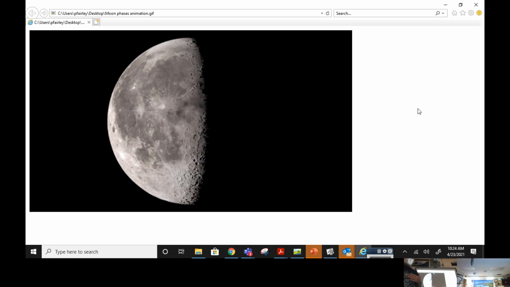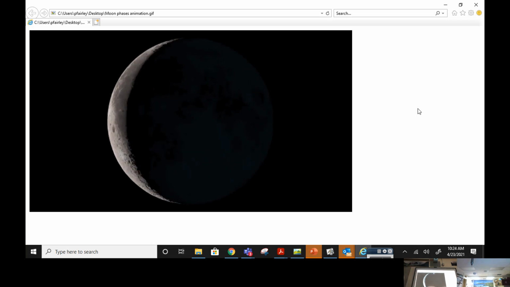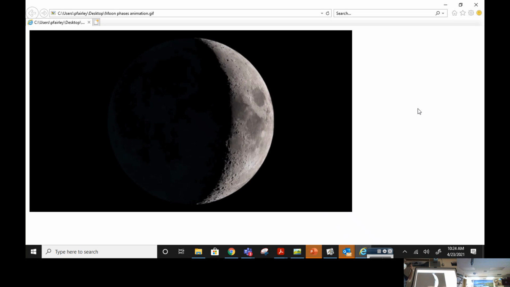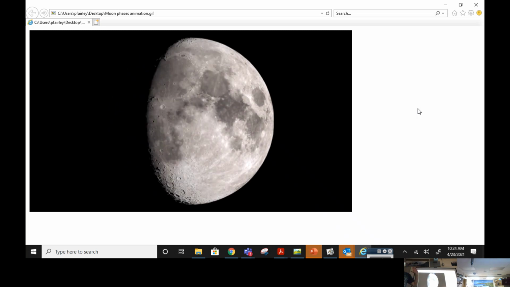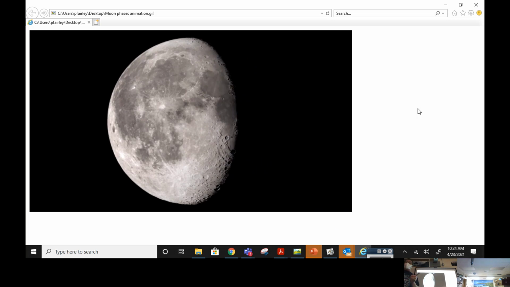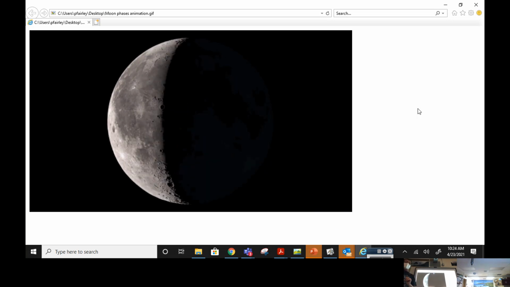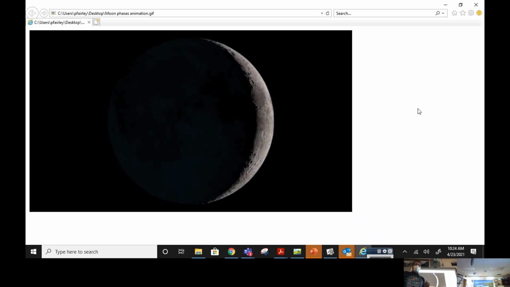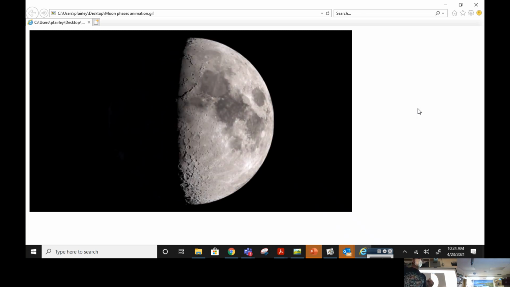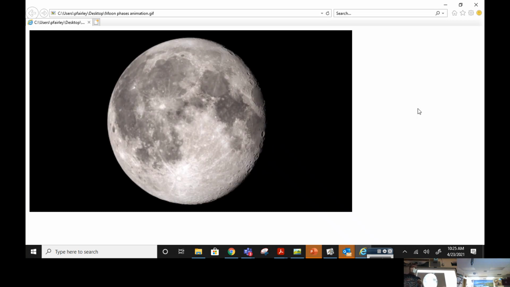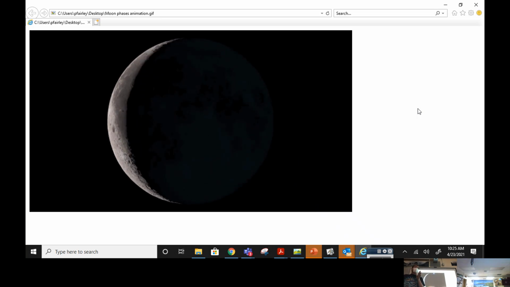It's completely in shadow. All right, now as we watch this, we see right about here, it's exactly half lit up and half dark, huh? We don't call it half moon. What do we call it? It's not named for the amount that's lit up. It's named for the fraction of the cycle that it has moved through. That's one of the phases, but not that one. It is a fraction.